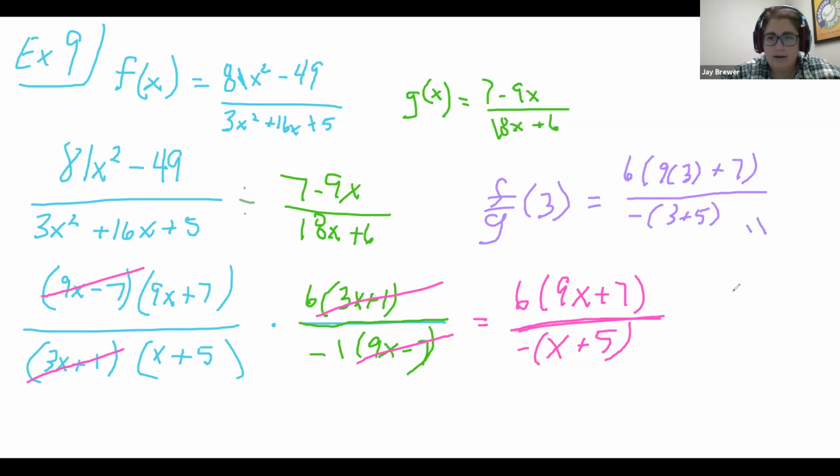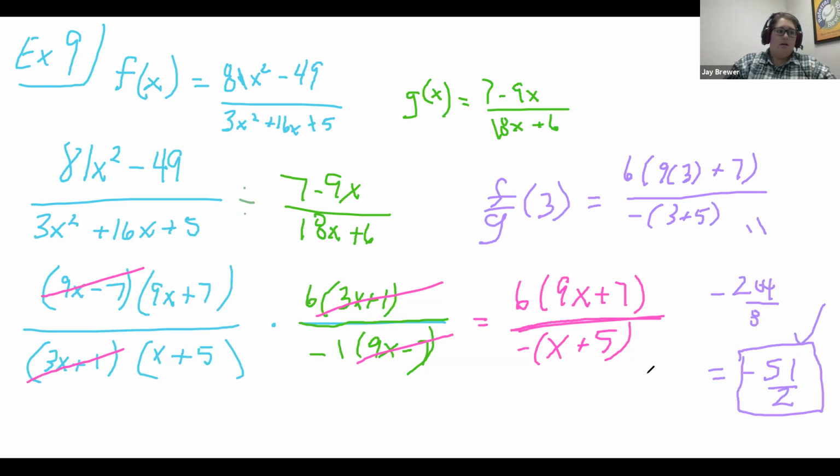If you work that out, you end up getting negative 204 over 8, which works out again to negative 51 over 2. Okay.